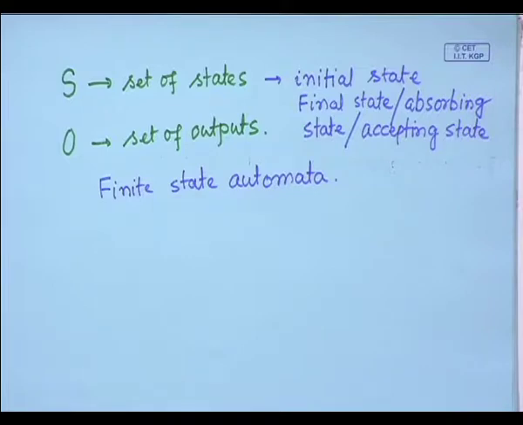So, a finite state automata is nothing but a sequential machine or a finite state machine which outputs only one of the two symbols, one of them is 0 and the other one is 1.